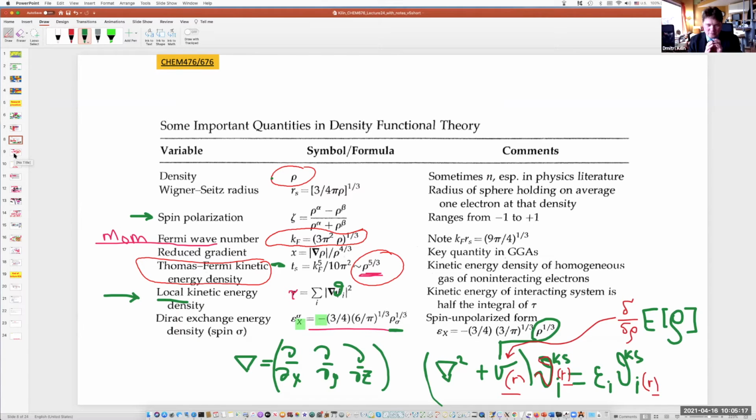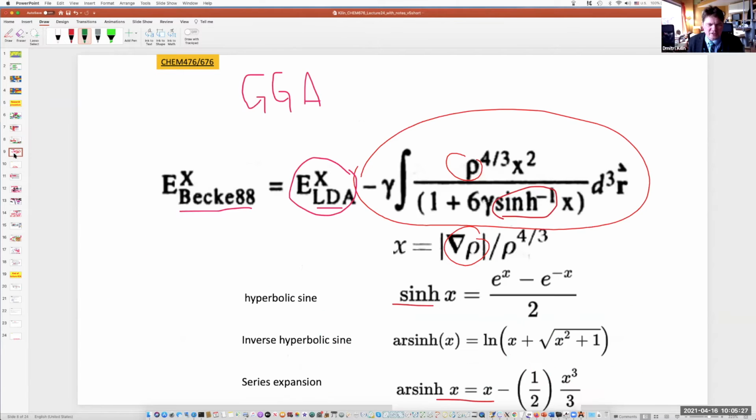LDA is like one symbol or one line. But typically, if they're published in papers, they're multi-line equations, and one uses shorthand abbreviations, like X. This one is quite simple. So if you see an equation like this, we need to understand what X means.